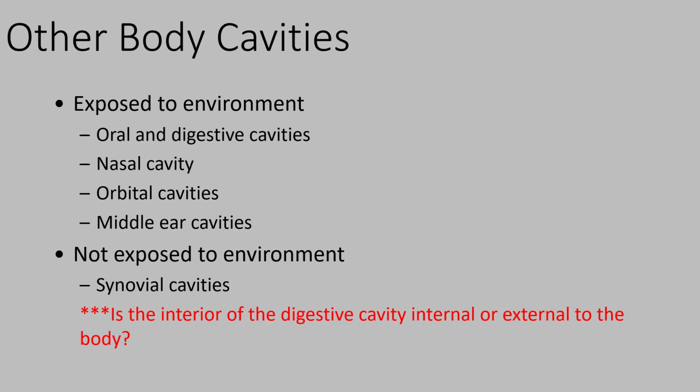So it is external to the body. We are an open tube from mouth to anus. Similarly with the lungs, we are an open cavity from our mouth and nose down into the inside of our lungs. Those are all external to the body.